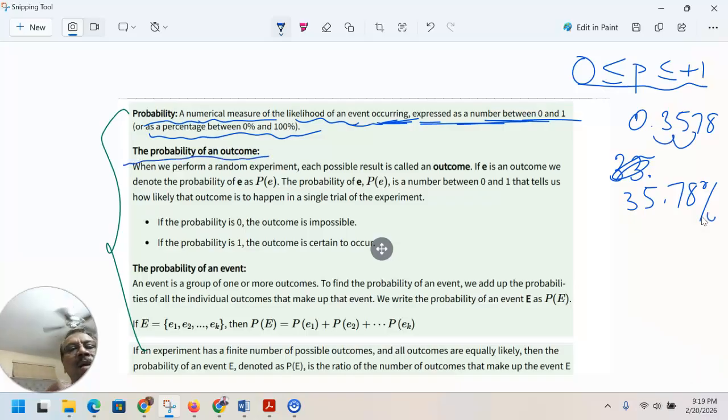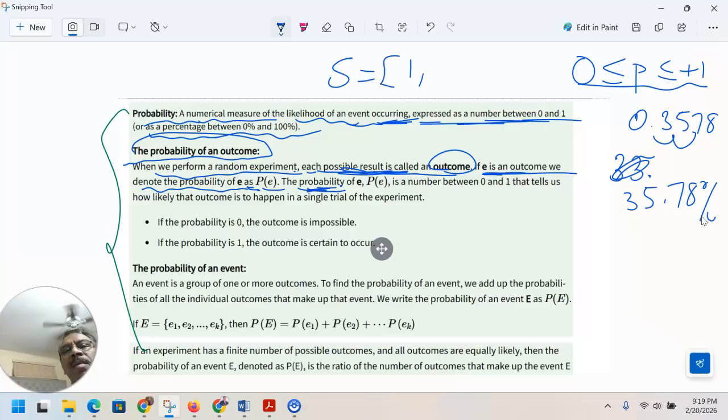Now, probability of an outcome. This is what I've already explained to you. When we perform an experiment, each possible result is an outcome. E is an outcome. We denote the probability of E as P(E). When I talk about a die, each one of them is an outcome: 1, 2, 3, 4, 5, 6.